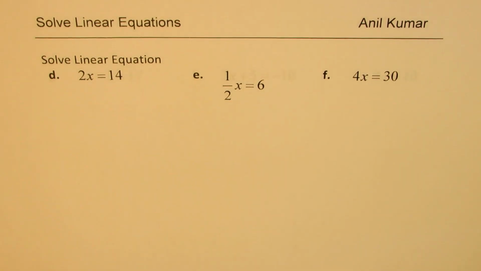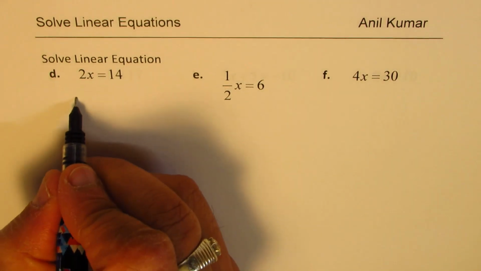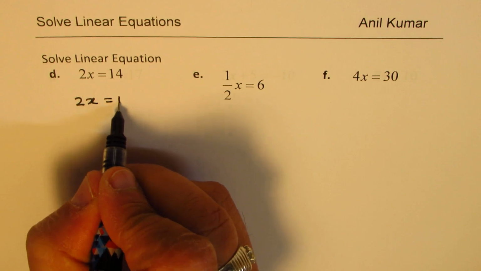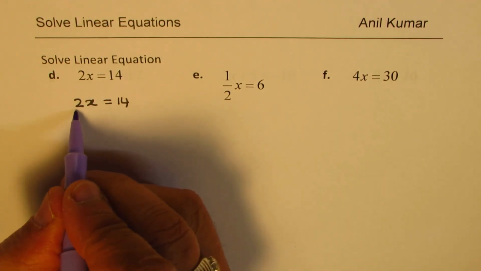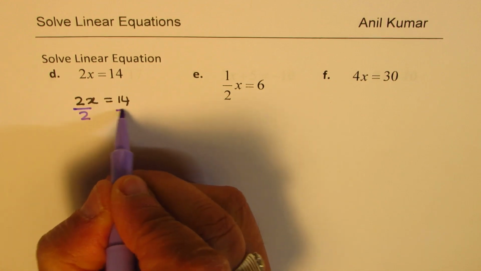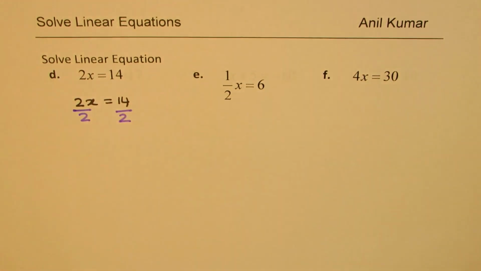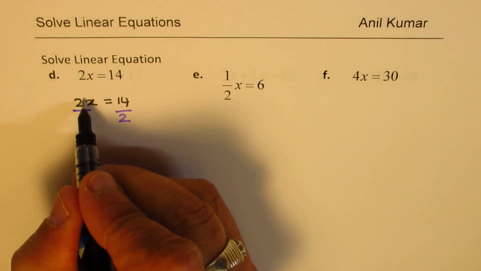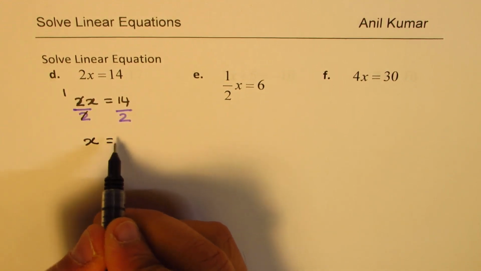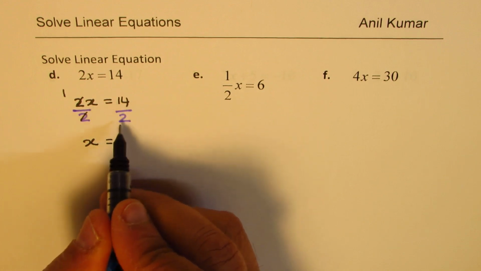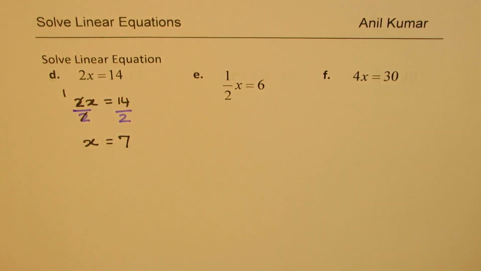Now if I have 2x equals to 14, what could be my reverse operation? I could divide both sides by 2. So if I do that, 2 divided by 2 is 1. So I get 1 times x, which is x, and here 14 divided by 2 is 7 as my answer.